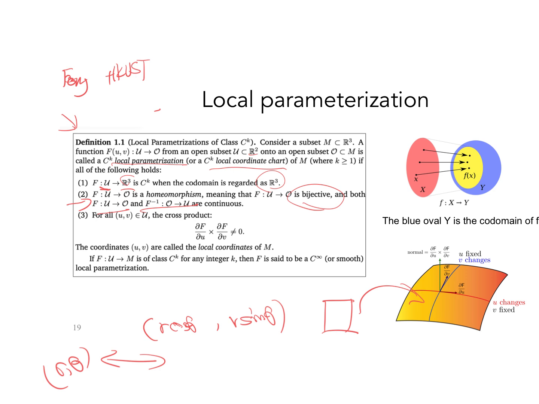Then the next criterion is that the cross product cannot go to 0. So why is that? It's easy to understand when I draw the figure. When I map onto these directions, I'm taking a derivative along these two directions, and the cross product is the normal direction.